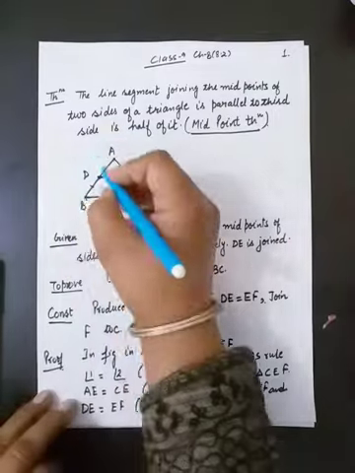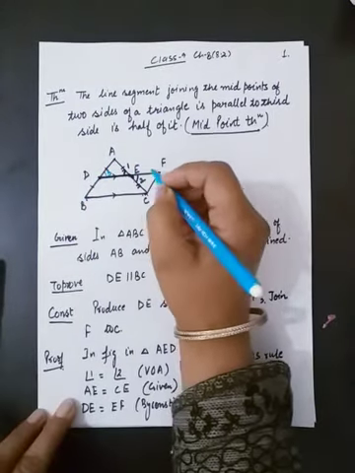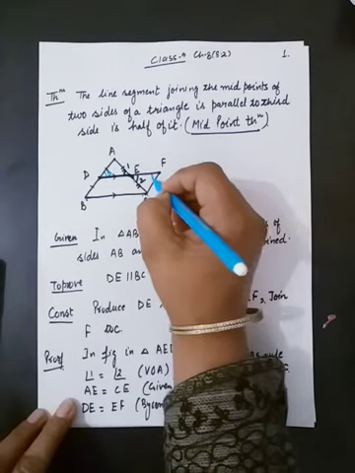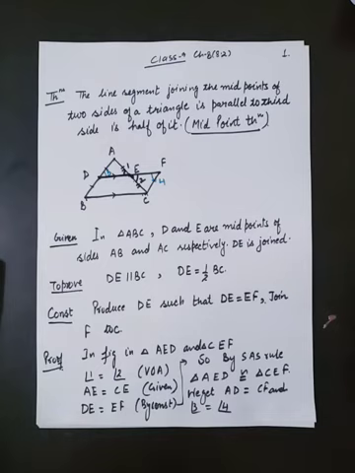So here this one angle is 3 and this angle is angle 4. But see in the figure, angle 3 and angle 4 are alternate interior angles.